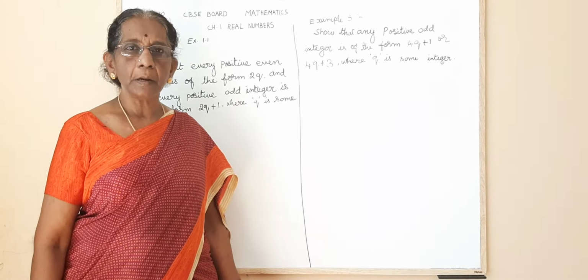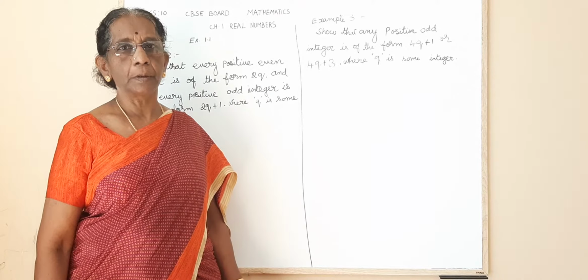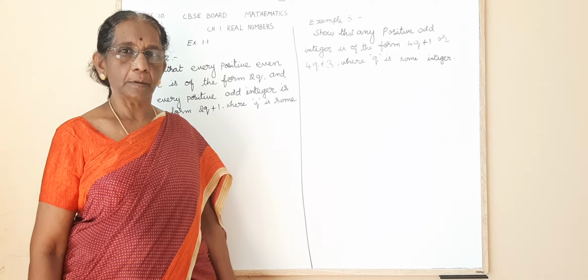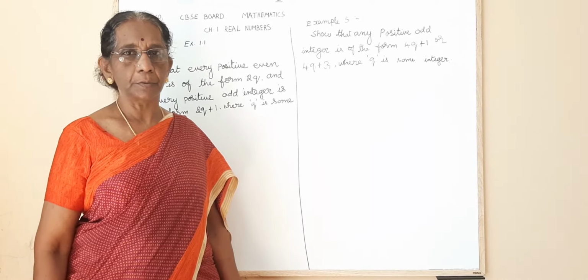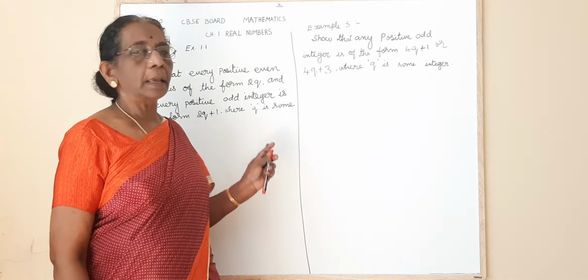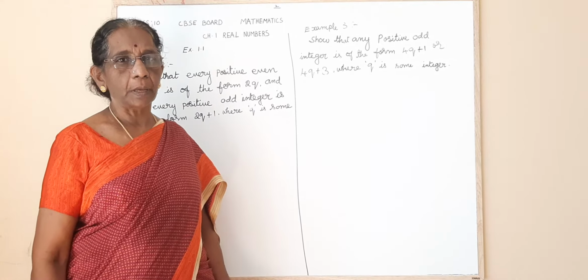We have completed finding the HCF of the given numbers. Now in this session I am going to explain how to prove the important properties of positive integers using Euclid's division lemma. Let me explain with example sums, because you will be getting questions from the examples also.